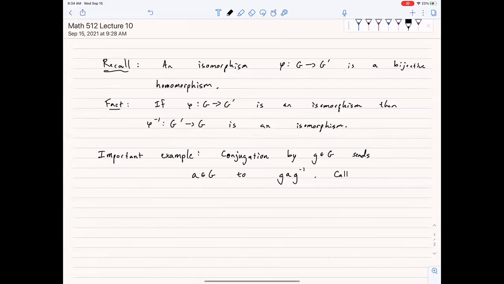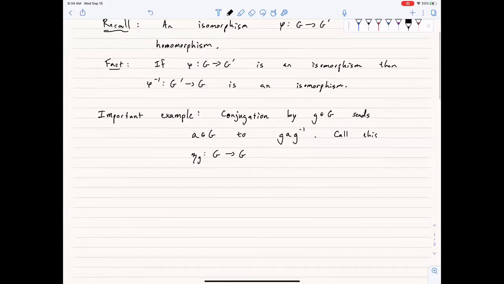Eta sub g, sending a to g a g inverse. And let's just check that it's a homomorphism. If you want to show something's an isomorphism, you need to check it's bijective and it's a homomorphism. Or equivalently, that it has a function inverse and it's a homomorphism.